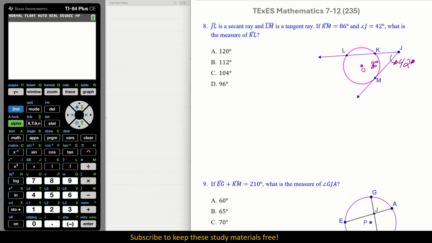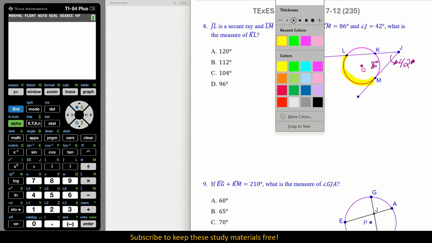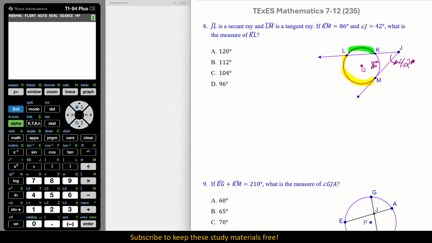We need to be careful. First, we're finding this arc in yellow. Then, to actually answer the question, we need the green. Right now, all we know is the smallest arc, which is 86.